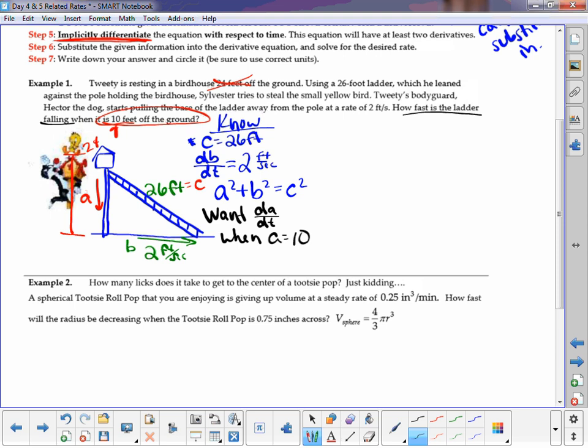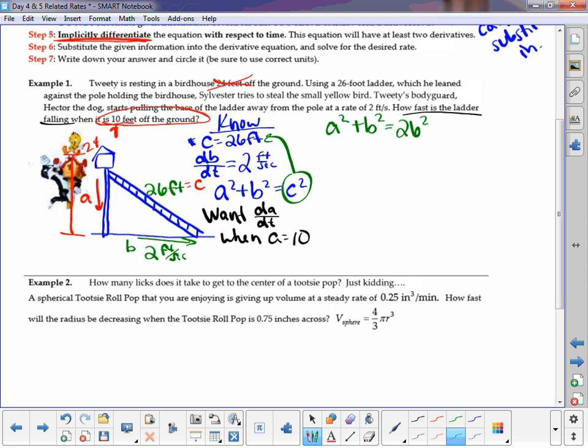Okay. So let's take our equation here. Since this is a fixed value, I can substitute that in before I do any derivative. So I have A squared plus B squared equals 26 squared. Notice I'm not putting 10 in for A because A is changing. We don't put in any changing values until after we've done the derivative.